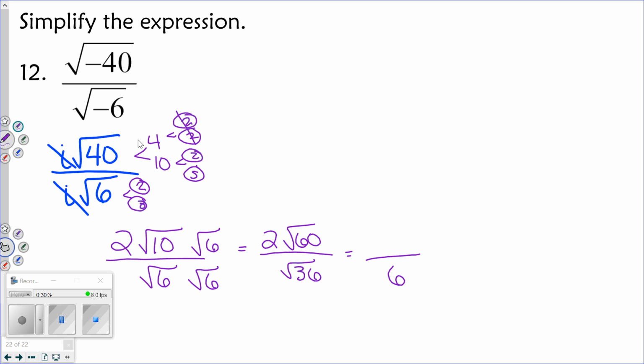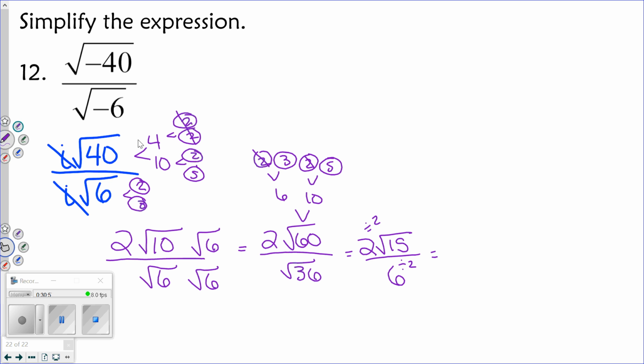Can I do a factor tree on the 60? So 6 and 10, 2 and 3, 2 and 5. So then I find a pair of 2's, and I have singles, which give me 15. And then 2 and 6 can both be divided by 2.